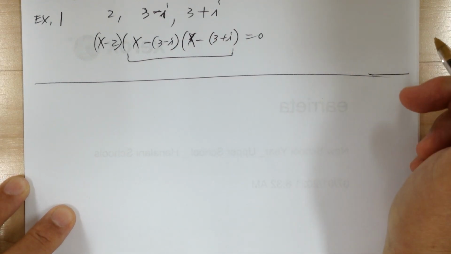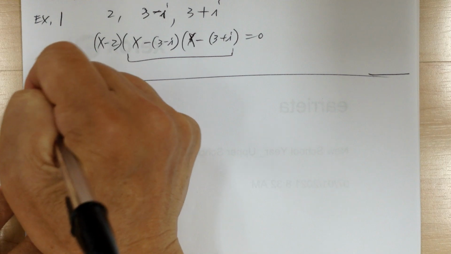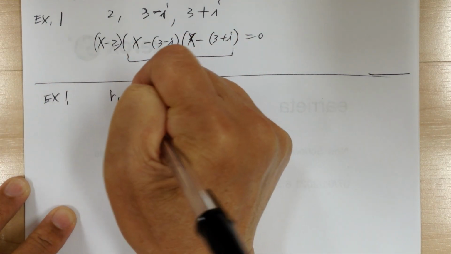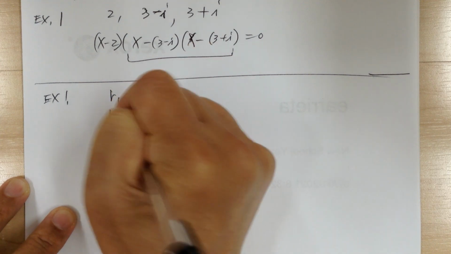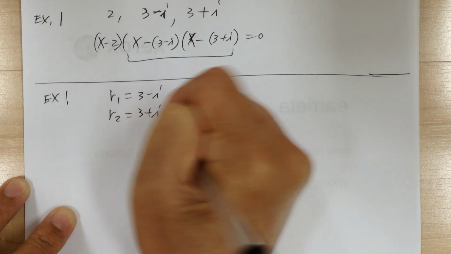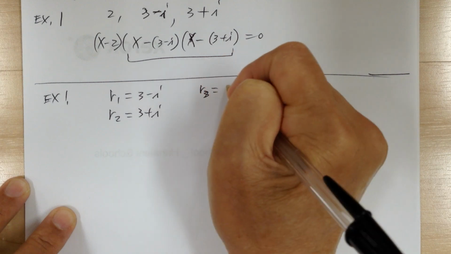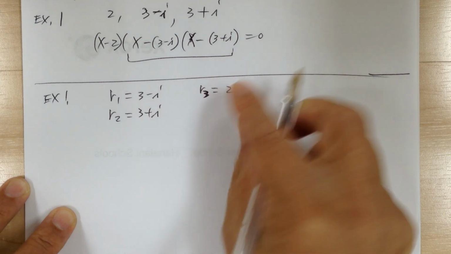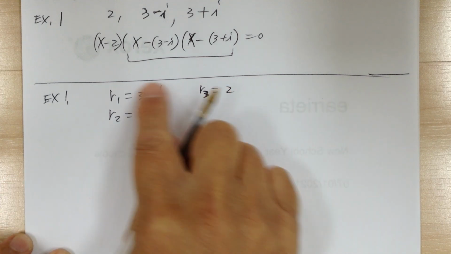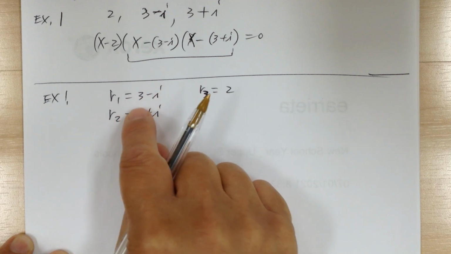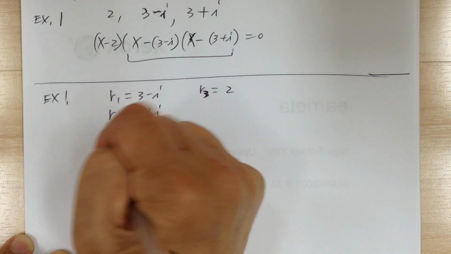So for example 1, I'm going to make R1 equal to 3 minus i, R2 equal to 3 plus i, the conjugate. And R3, I'm going to put off on the side for now. I'm going to focus on this part. I'm going to use the conjugate roots to get my depressed equation. So write your equation.